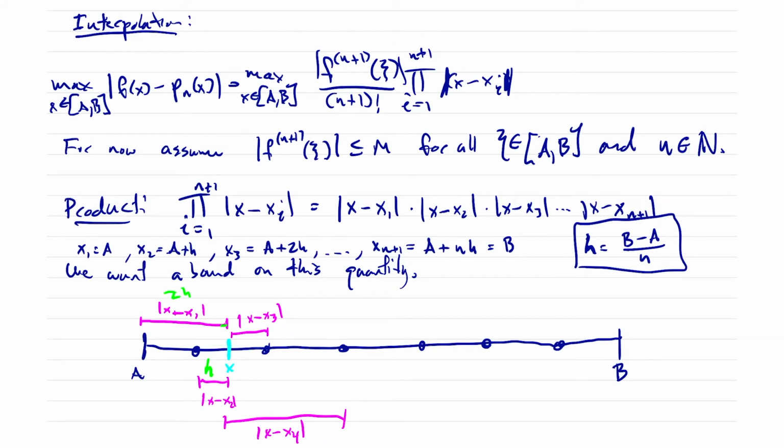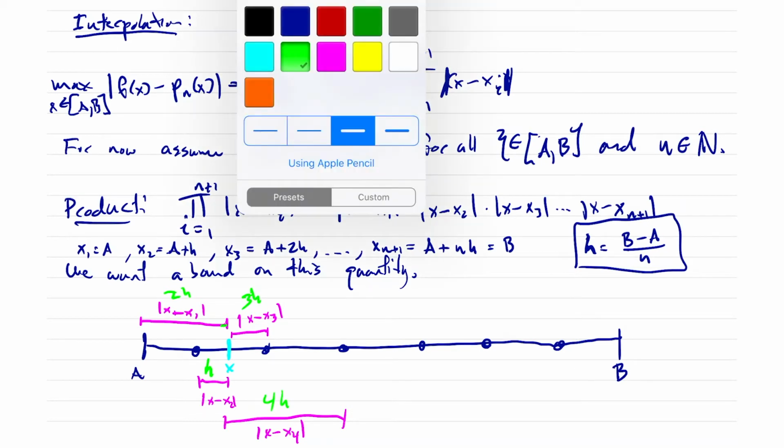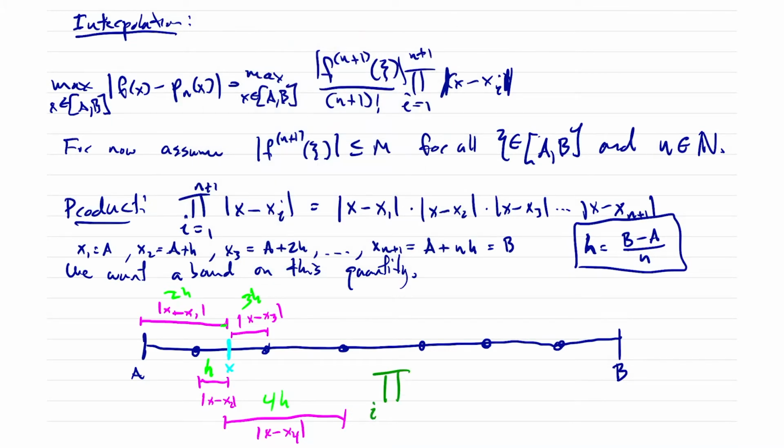And if I replace this term with, say, 3h, that is definitely getting bigger. And if I replace this term with 4h, etc., and I keep going up, I'm ultimately going to have this: the product from i equals 1 to n plus 1 of the absolute value of x minus x_i is less than or equal to the product of h times i, i going from 1 to n plus 1. So all down the line, we just keep expanding it over and over again until we get this.